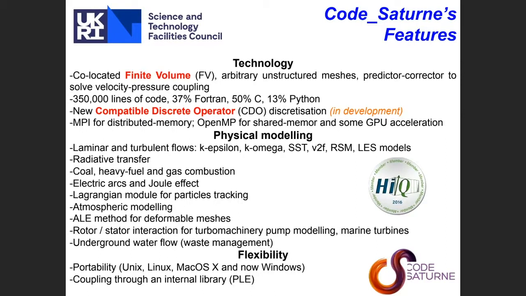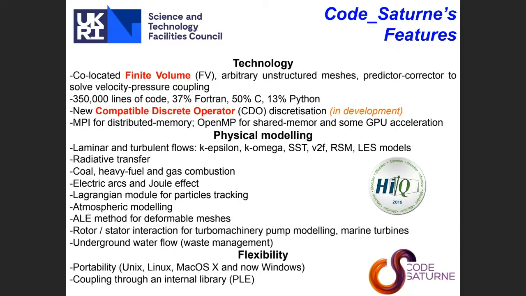And Python is used to drive the simulation and for setting up the environment. There's a new discretization currently under development, the compatible discrete operator, CDO, which aims at improving the robustness and accuracy of the software on very distorted grids.